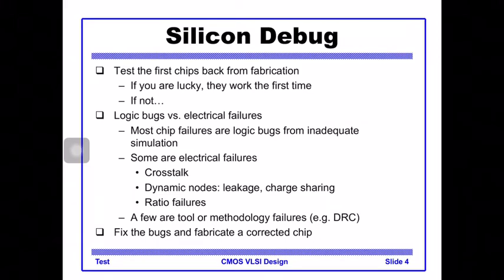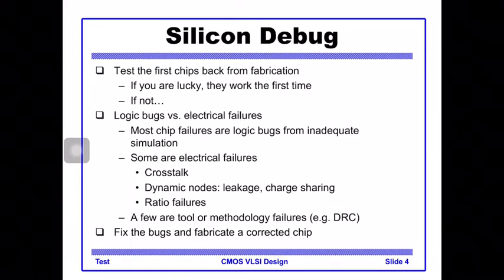The electrical failures are not because of the design, but because of other factors. For example, crosstalk, dynamic nodes, and charge sharing, where the transistors have leakage. Ratio failures mean that the sizing of the transistors is not correct.